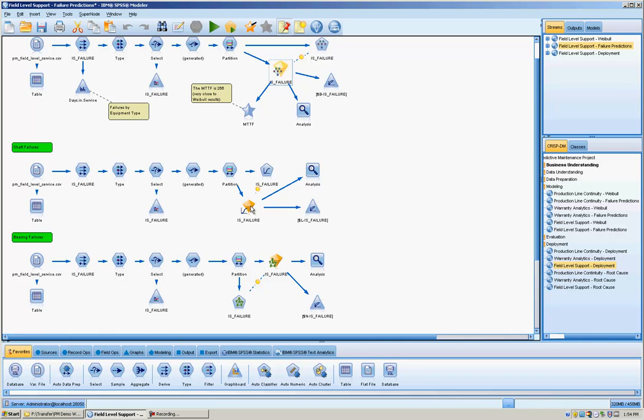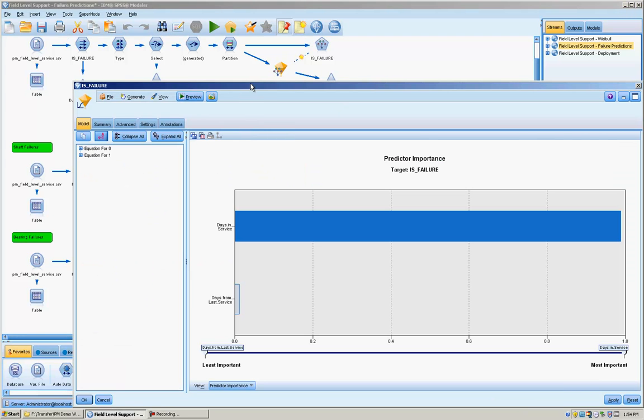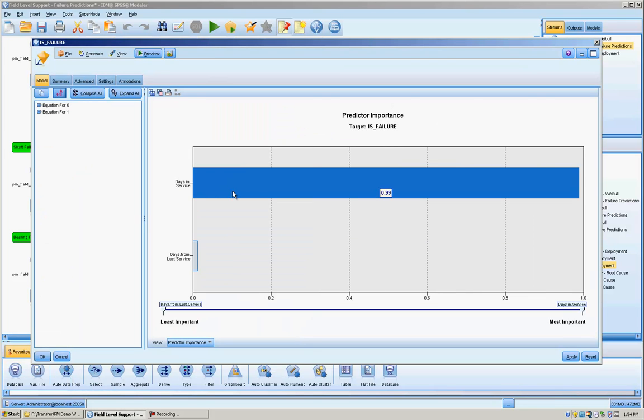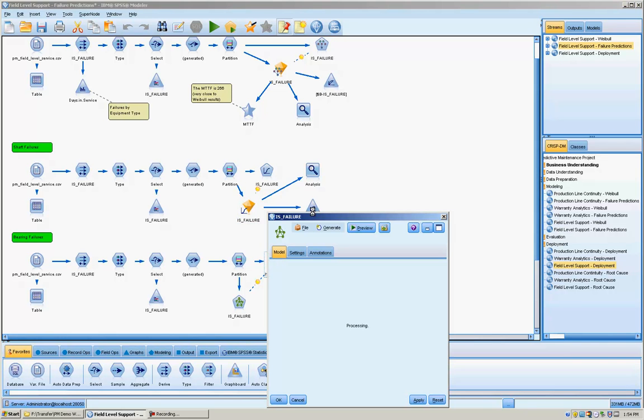For the shaft failures, we use logistic regression. And the shaft failures are almost completely and entirely driven by days in service. So that, as we saw in the Weibull, this is a normal wear out. So you would expect that the days in service would be a primary driver. Bearing failures, we used a neural network.